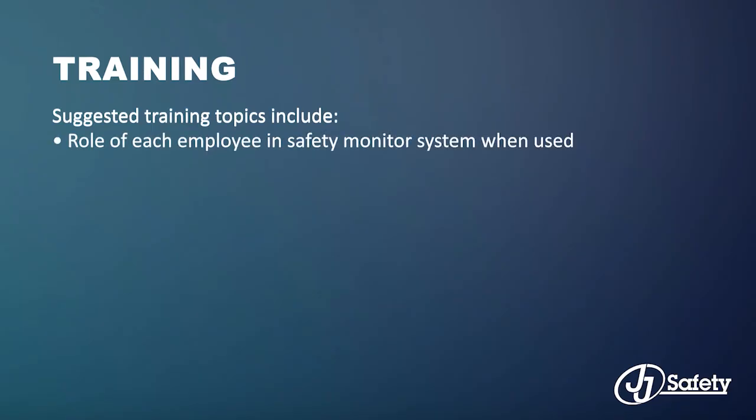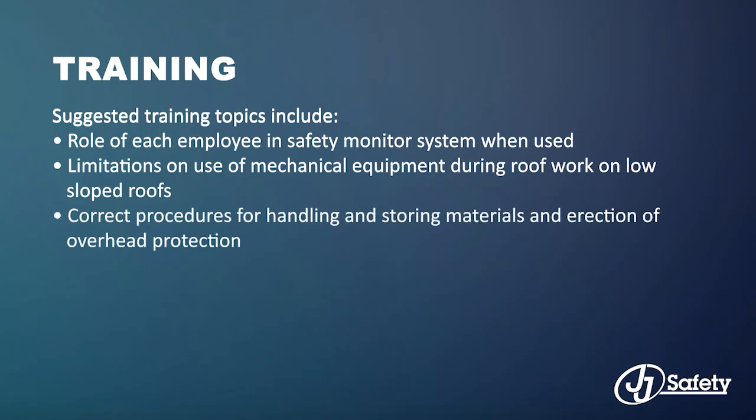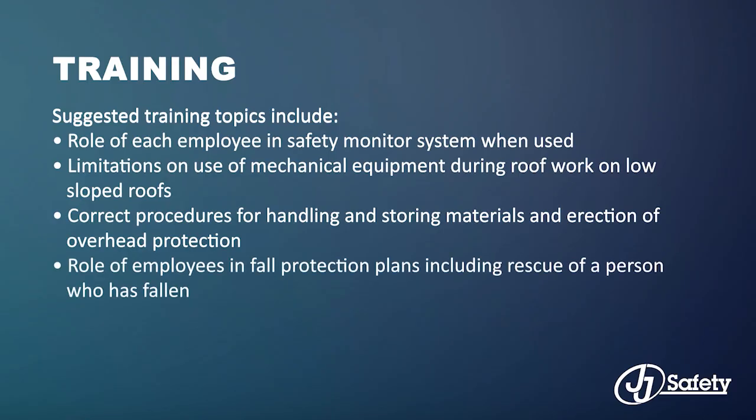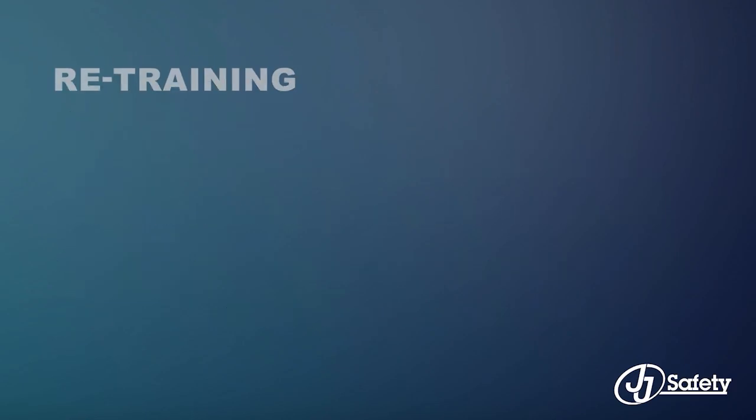Role of each employee in safety monitoring systems. Limitations on the use of mechanical equipment during roof work on low-sloped roofs. Correct procedures for handling and storing materials and erection of overhead protection. The roles of employees in fall protection plans, including rescue of a person who has fallen. And understanding and following all components of the fall protection program.